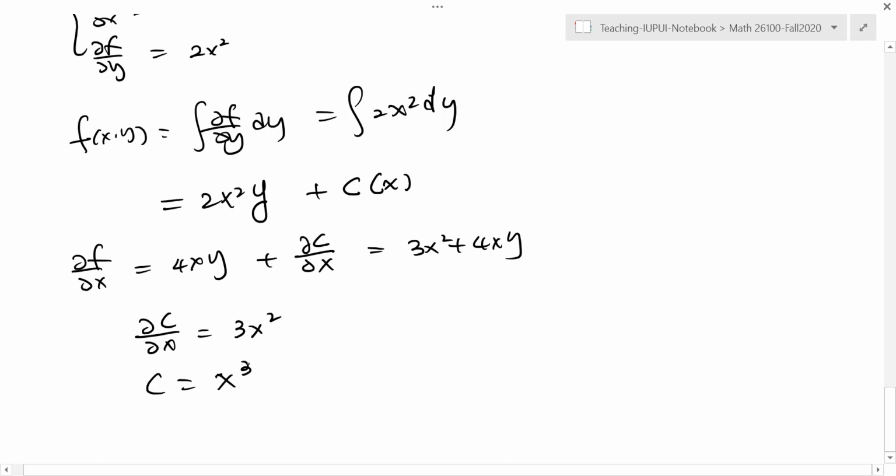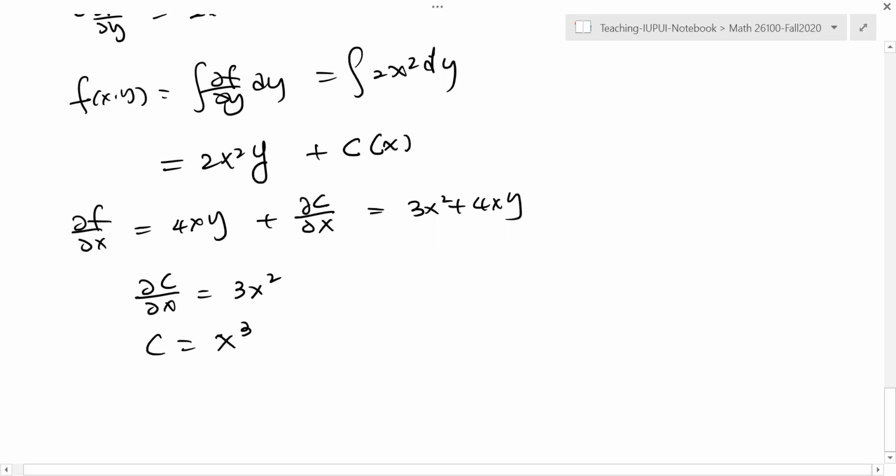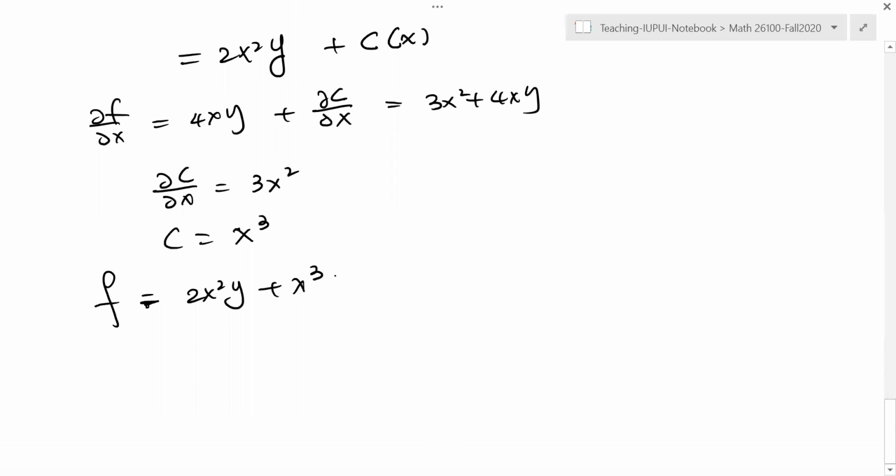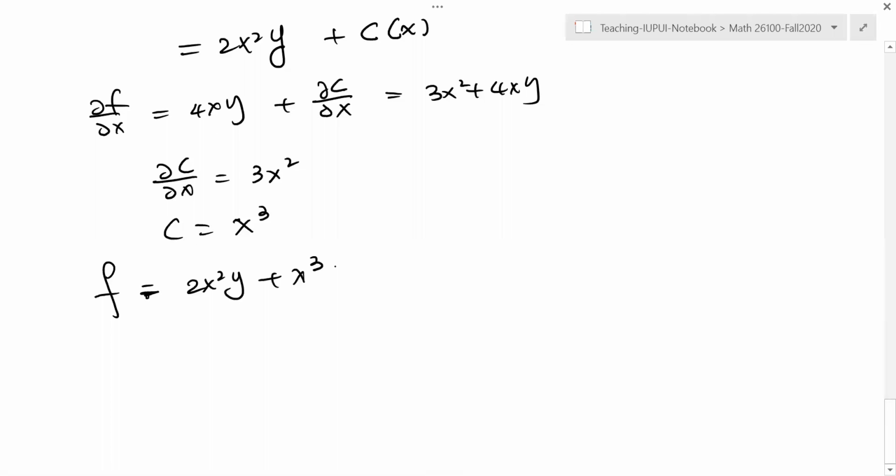It's plus any constant, but I just need one c, x cubed. So my function f is going to be 2x squared y plus x cubed. So this is a function, and then the line integral of 3x squared.